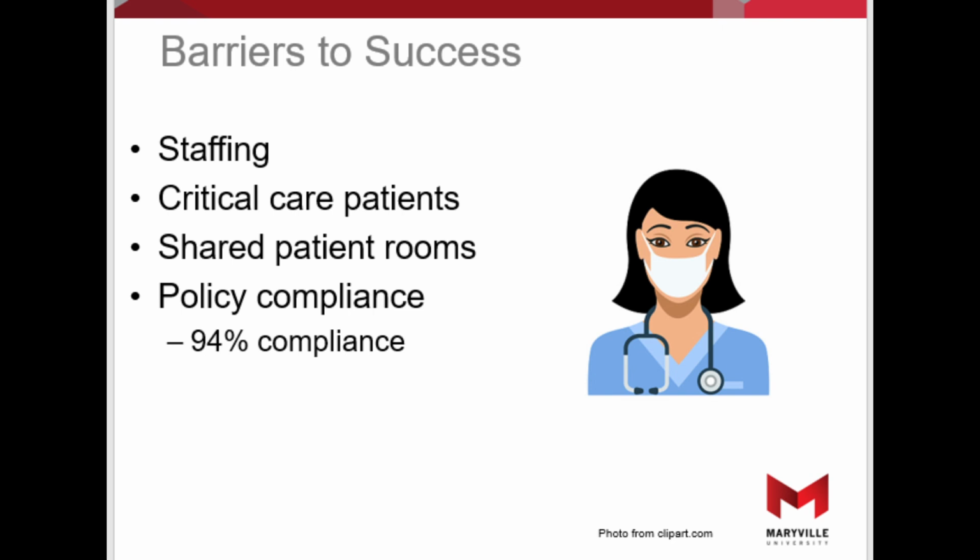So if you have a neighbor that is on a ventilator and alarming a lot, or maybe they're just critically ill, that's most likely going to keep the other patient up who might be in for a lower level of acuity. So overall, when we look at those few nights that the lights were not shut off at the appropriate time, we found that the new policy compliance was about 94%, which is still very, very good.